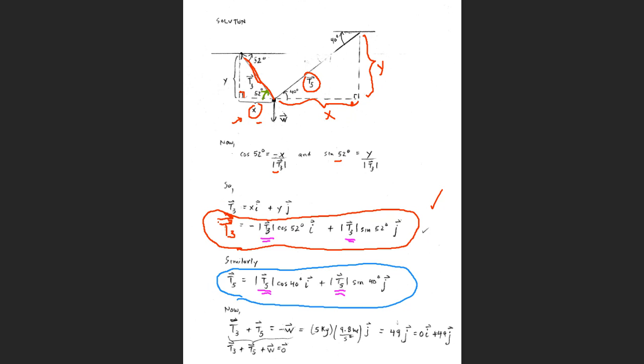Now, we also understand that since the holiday decoration is being completely balanced by the tension forces, the sum of those forces is equal to the 0 vector.